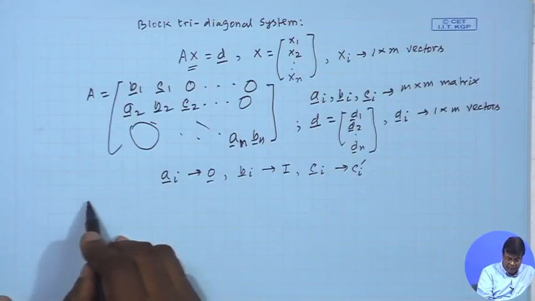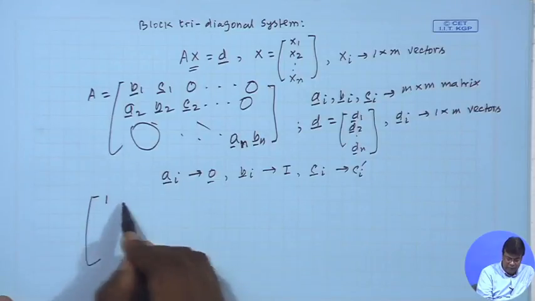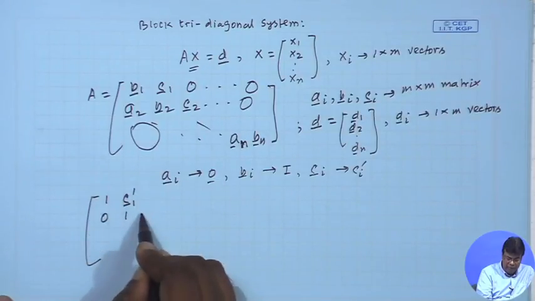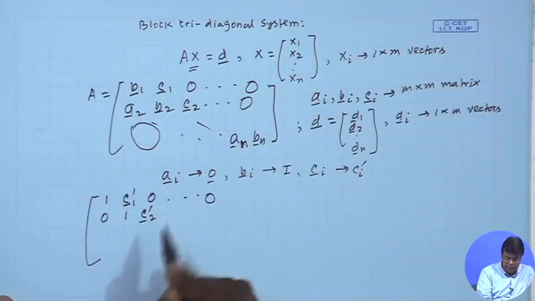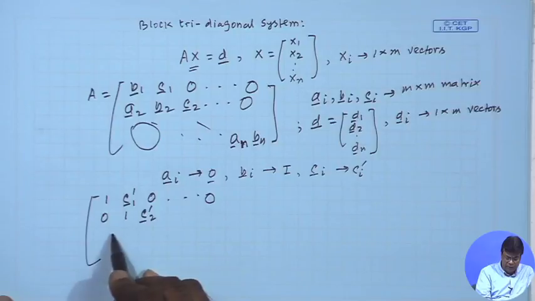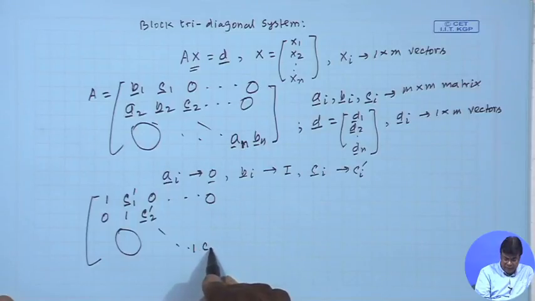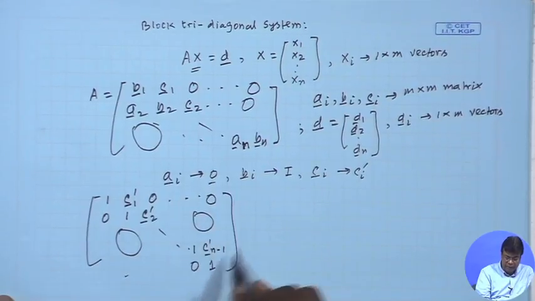The resulting form is 1 C1 dash, 0 1 C2 dash, and so on, with all others 0, and the last but one is 1 C n minus 1 dash, and the last is 1.